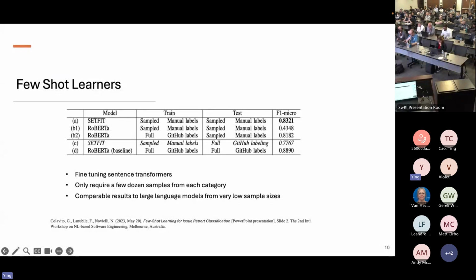The result is pretty similar to using a large training set, but it requires very precise examples, which means we need to correctly categorize the training data set to get a reasonable result.